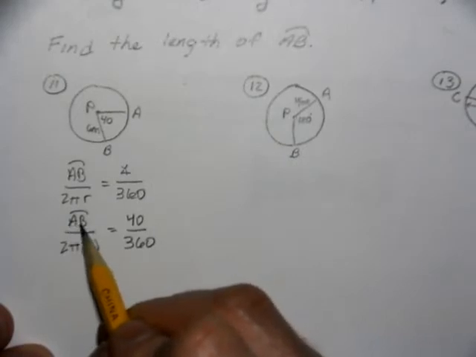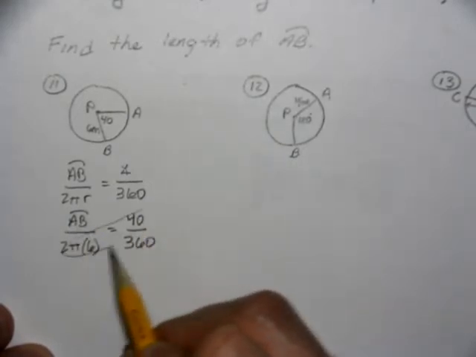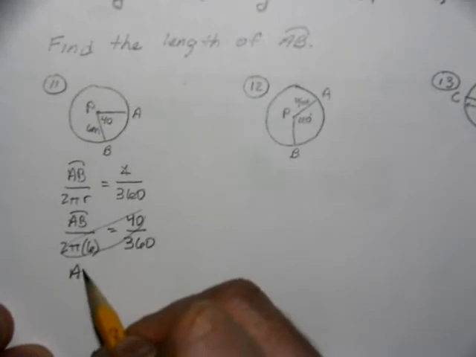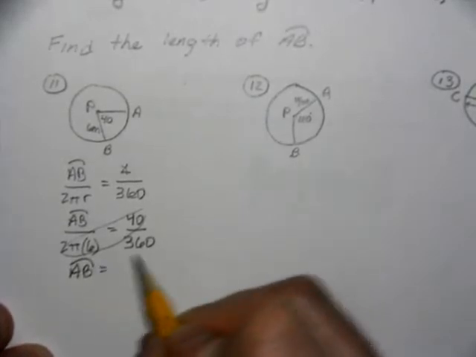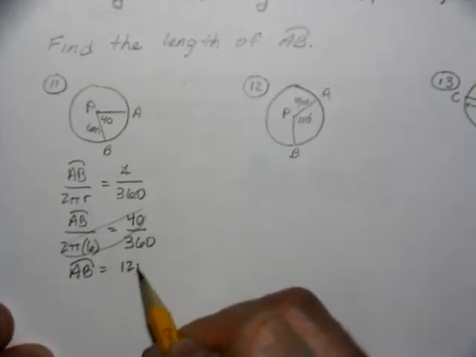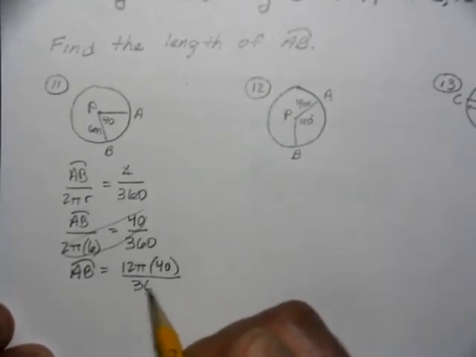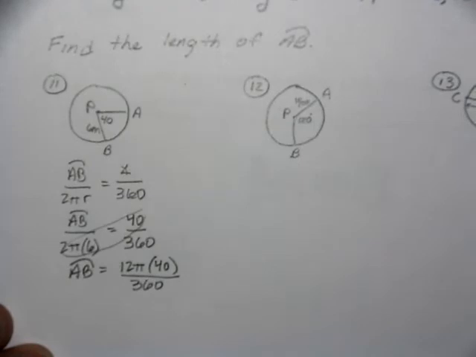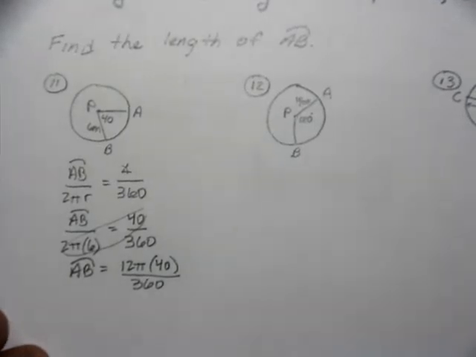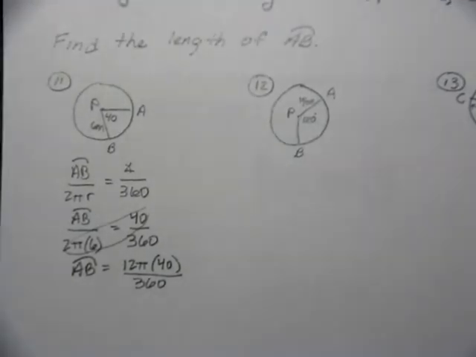So we want to get the AB by itself, so we're going to cross multiply. So arc AB is going to equal 12 pi times 40 divided by 360. We'll take our calculator.